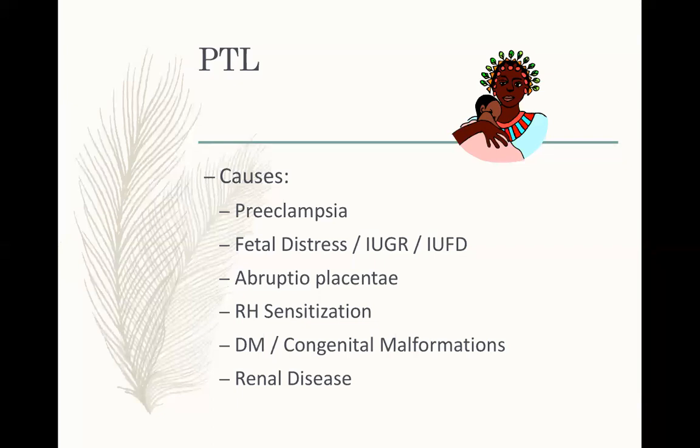So it's deciding to deliver the baby so that both have a chance. If we're able to treat the infection, we're typically able to stop the preterm labor, and mom typically is able to carry that baby to term, which is fabulous.